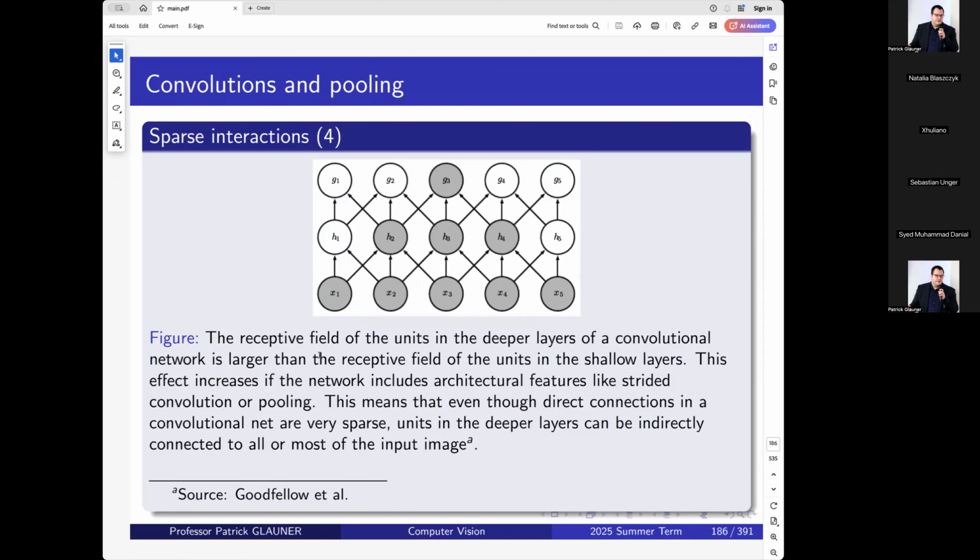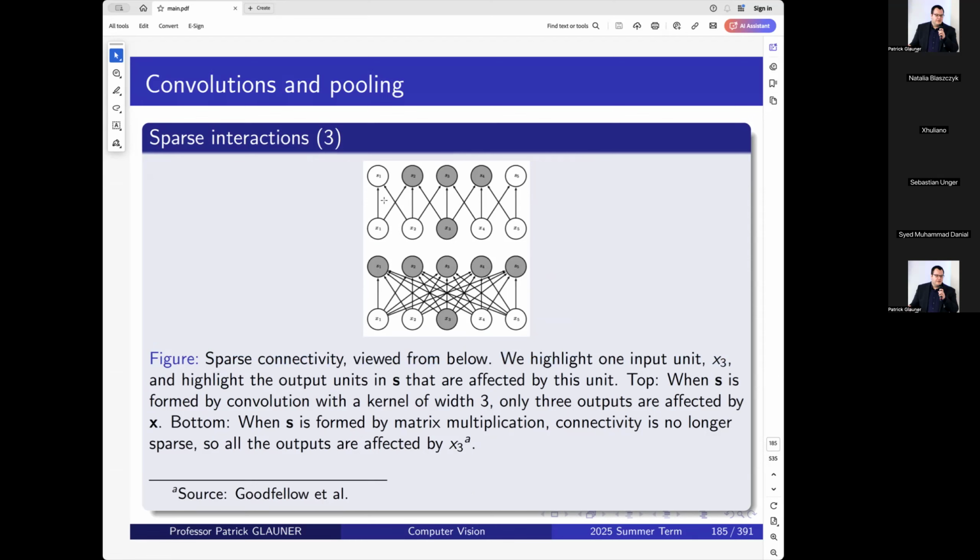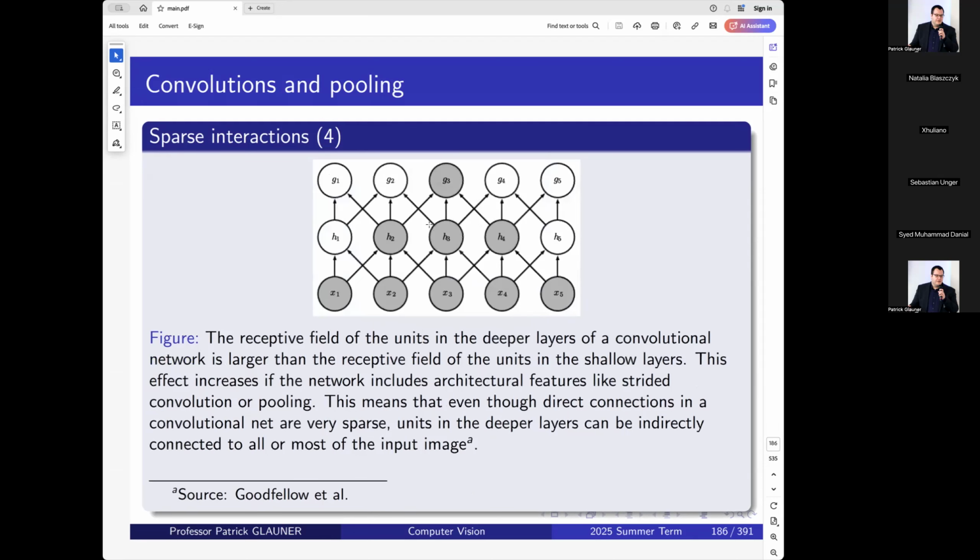And now we can wonder, how can the neural network eventually, at the end, look into the whole image? Because so far we have built convolutions that look at only small parts of the image. And eventually we will stack these convolutions. We have one layer of convolutions, and then we have another layer of convolutions.